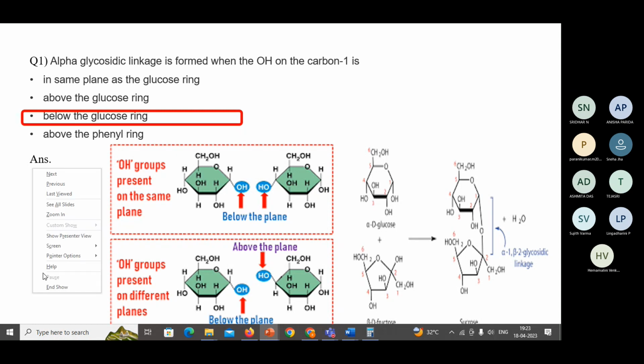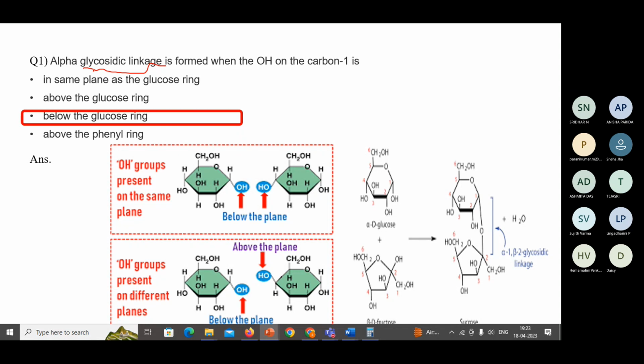It is especially coming from a very well-known concept that is disaccharides. So can anyone tell me what is disaccharide? Monosaccharides joined together and form disaccharides.